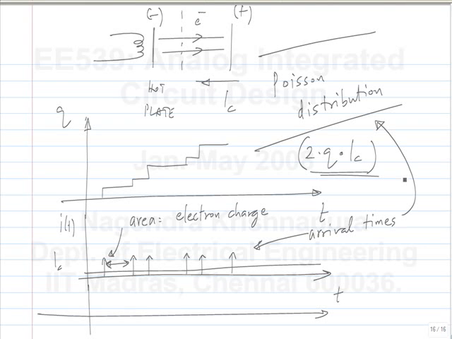So if the unit charge is Q, and the unit charges were appearing at random intervals distributed according to the Poisson distribution, then the difference between the instantaneous current and the average current will have a spectral density of 2Q times IC. The key here is if you didn't have an average current, if the current was 0, then the noise would be 0 because there is nothing.